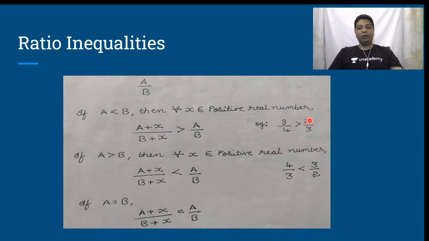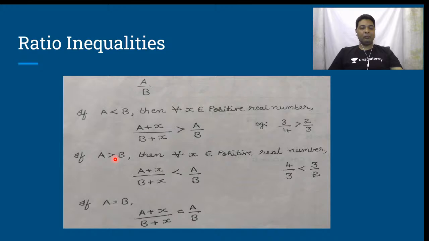Now you add 1 to both numerator and denominator, you will get 3 by 4. What is 3 by 4? 0.75. 0.75 is greater than 0.66. Therefore, 3 by 4 is greater than 2 by 3, which means for every positive value of x, (a plus x) by (b plus x) will always be greater than a by b whenever a is less than b.